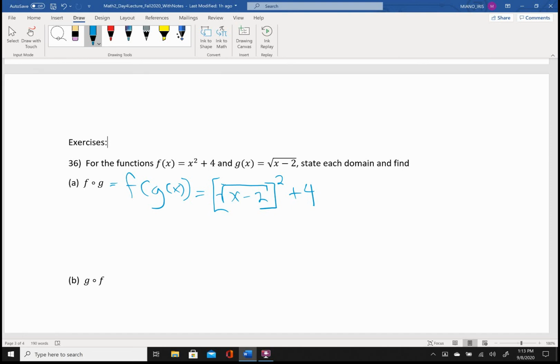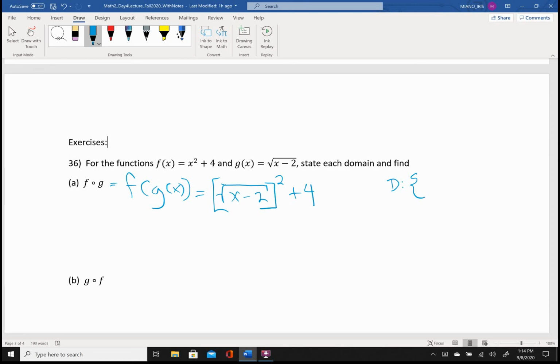Now there's some simplification we need to do, but I think it's good to talk about the domain first, because there are nuances associated with this initial look of the function composition that lead to the domain. So off to the side I'll put D colon, which is how I usually write my domain, and ask: what is the domain of this function composition with its current structure?